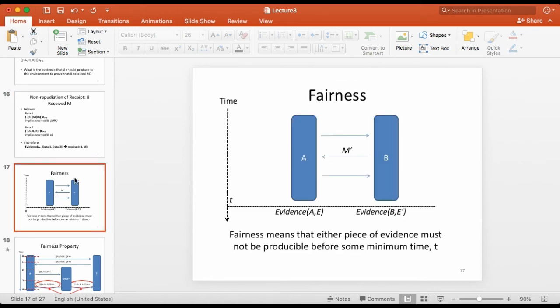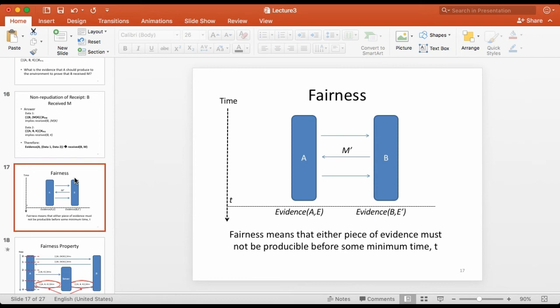It also is a fair protocol, okay, and in this case we need to define why it is fair. What do we mean by the word fairness? Remember, as I said at the beginning, fairness means that you cannot produce evidence earlier, before the other party can.